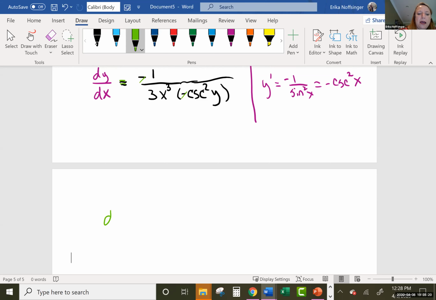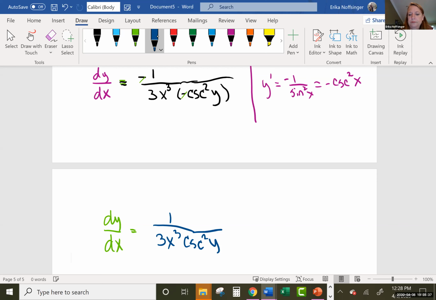So if we go back up to our triangle, we can figure out what that is. So 1 over 3x cubed times cosecant squared y. Well, let's first figure out what cosecant y is.